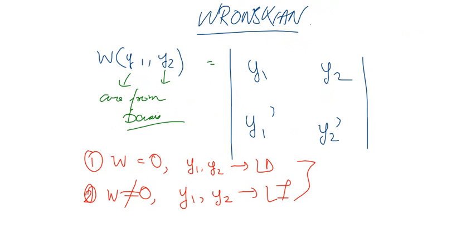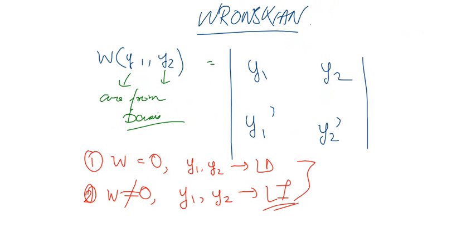And the Wronskian method is basically a determinant of the basis and the derivatives, and if that determinant is equal to 0, then it is safe to say that the two functions are linearly dependent. And if the Wronskian of the two functions is not equal to 0, then it is safe to say that the two functions are linearly independent.